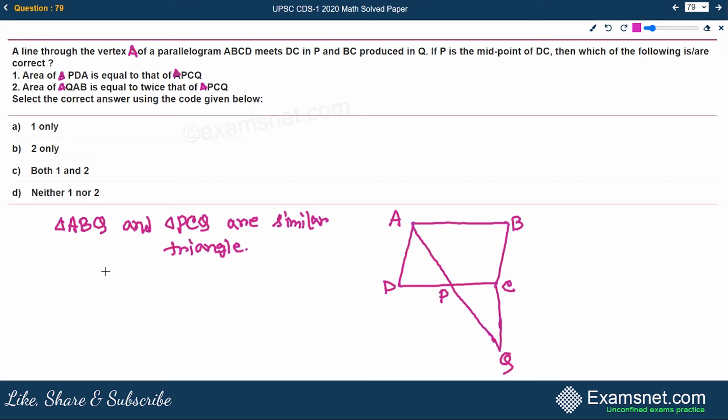Since they are similar triangles, the ratio of their areas is equal to the square of the ratio of the sides.